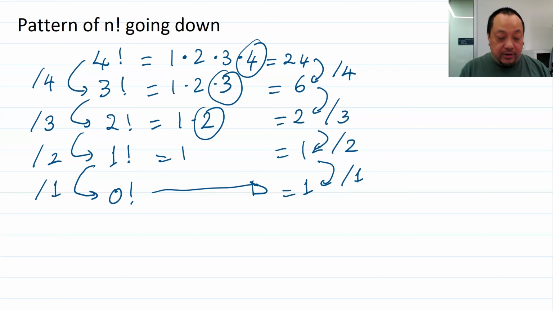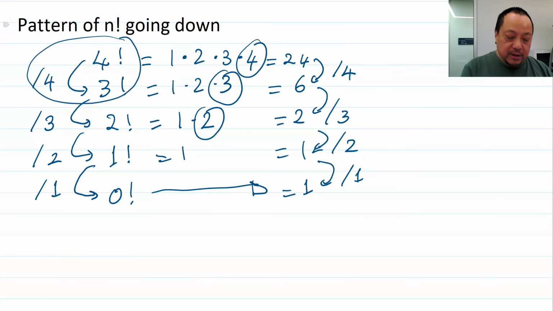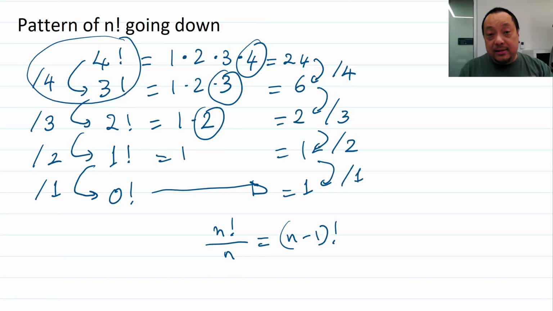Now, going back to this screen, when I talk about the pattern of n factorial going down, I can make it more mathematical by saying that this relationship here, where I take n factorial and I divide by n, I get n minus 1 factorial, is the core of the definition of factorial.